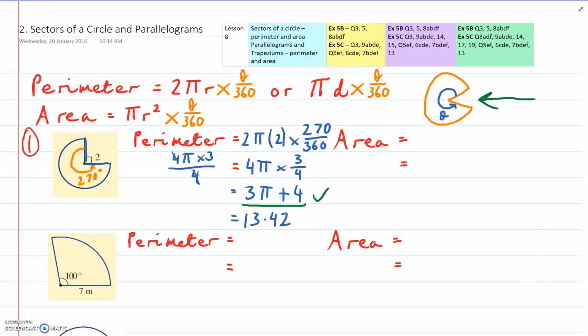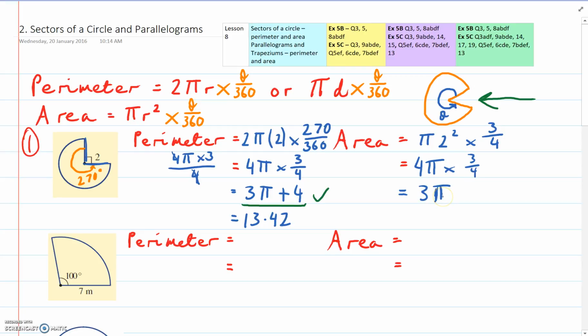Let's quickly go through the same thing for area. So pi 2 squared times, I'm just going to start with 3/4 because we know that that's the amount of circle that we have. So that's the same as 4 pi times 3/4, and like we said, that's the same as 3 pi.